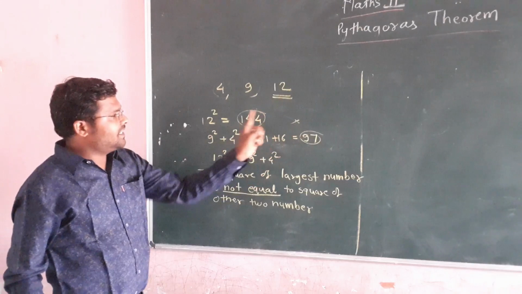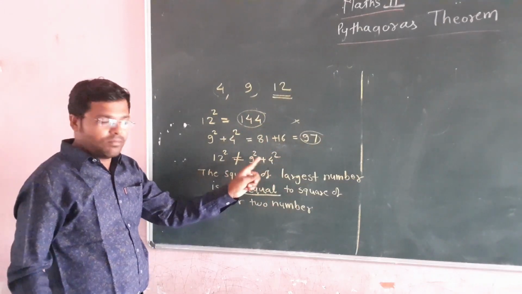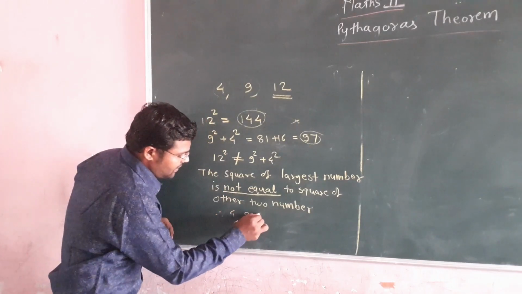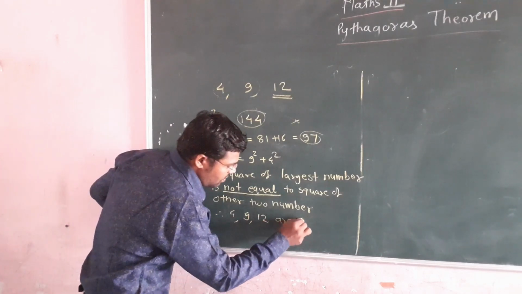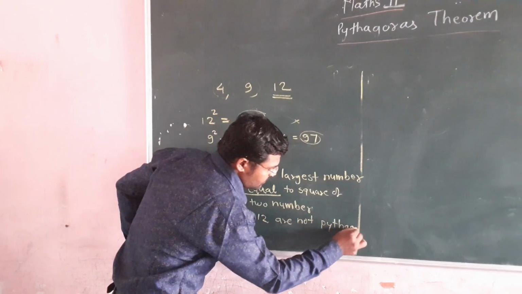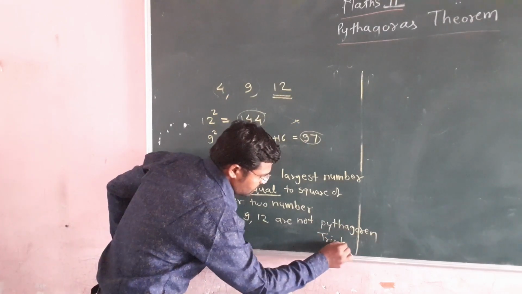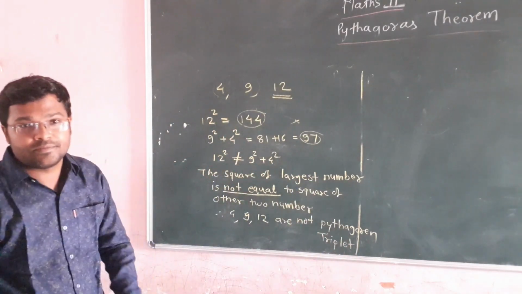The square of the largest number, 144, is not equal to the sum of the squares of the other two numbers. That means, therefore, 4, 9 and 12 are not a Pythagorean triplet. Okay, look at that.